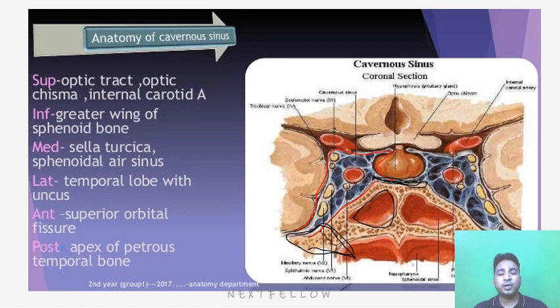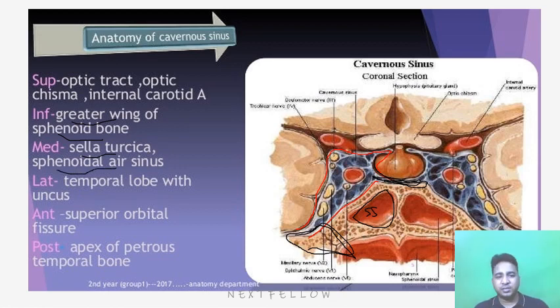And what else? There is the sella turcica, where our pituitary gland rests. So medially there lies the sella turcica with the pituitary gland resting in it, and the sphenoid air cells.